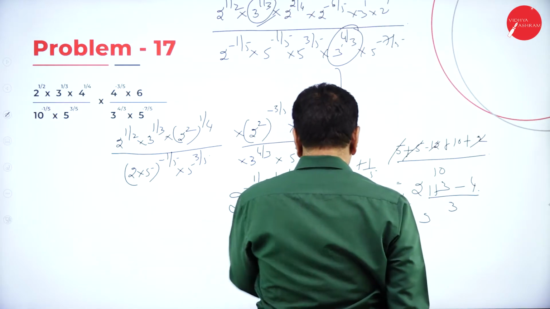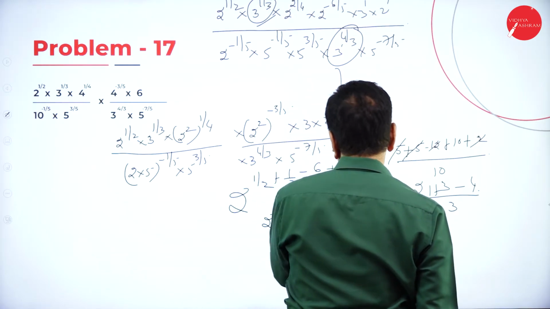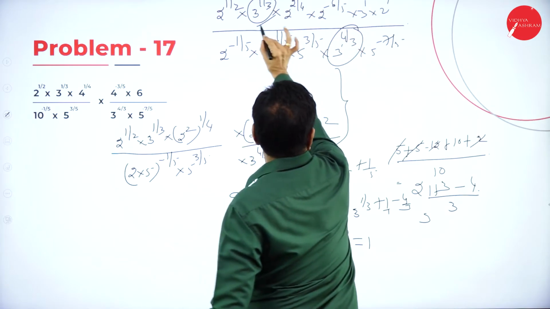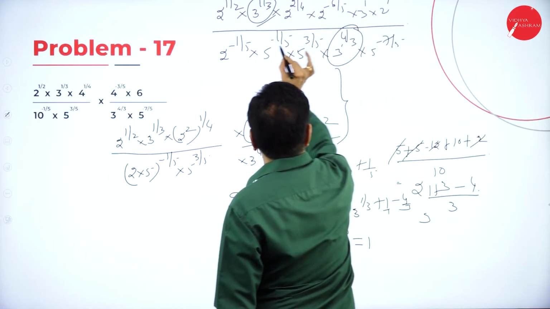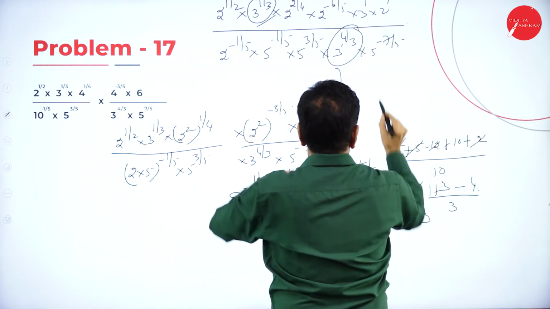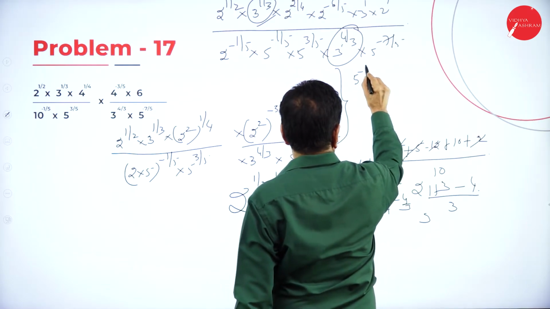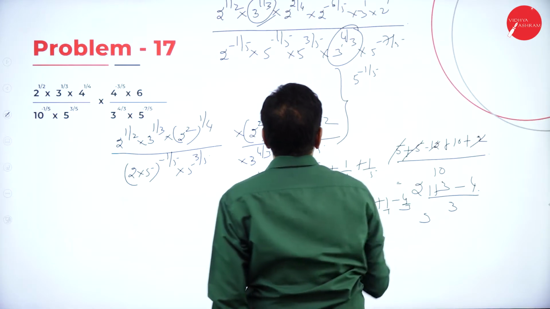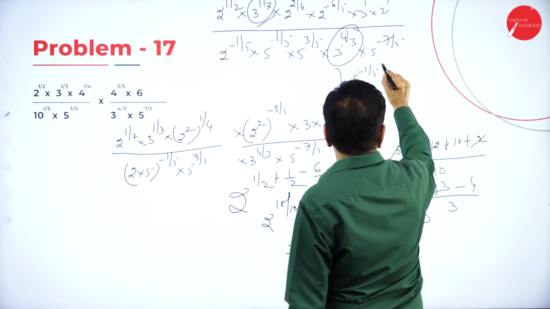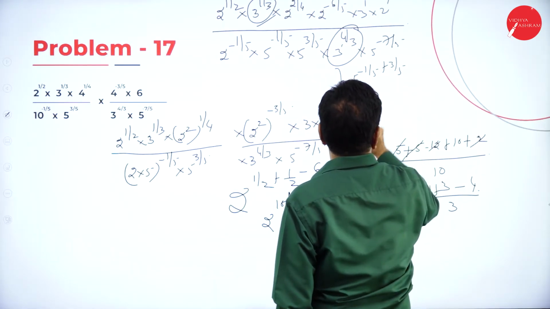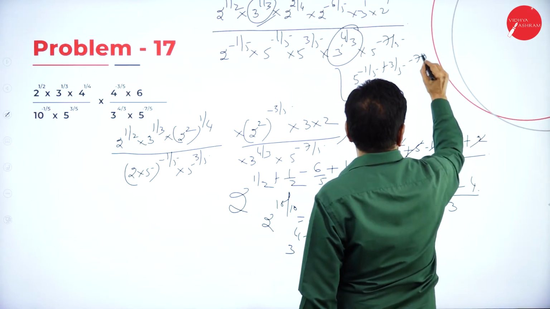Slowly. So 1 we got 2, 1 has got 1, 5. Here, no 5 is there. Here, see that? 5 to the power of bottom here, minus 5 plus 3 by 5 minus 7 by 5.